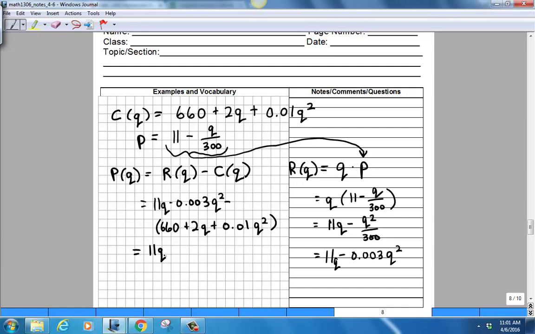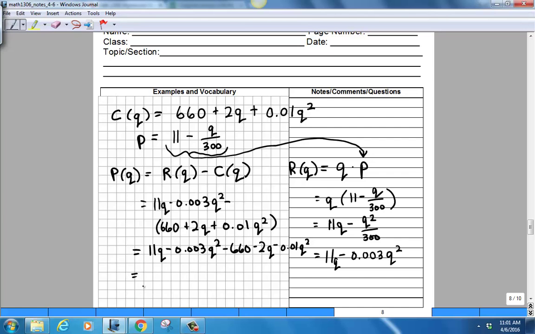So I have 11Q minus the 0.003 Q squared, minus the 660, minus the 2Q, and then minus the 0.01 q squared. And now just add your like terms together.